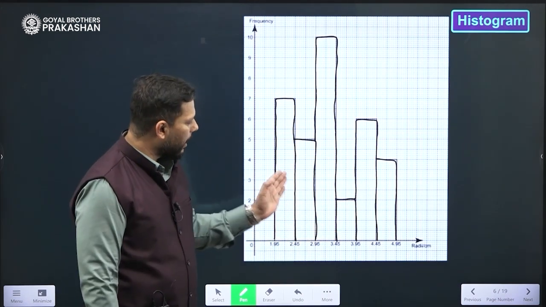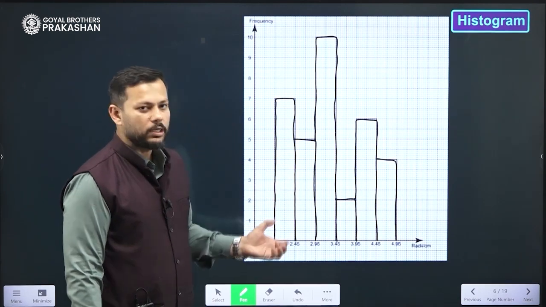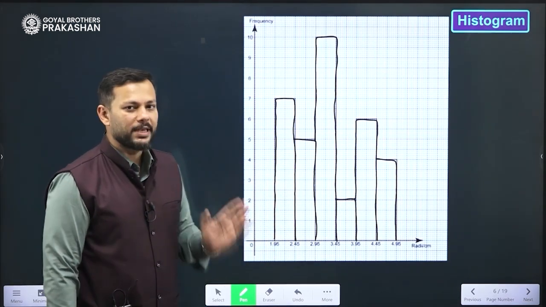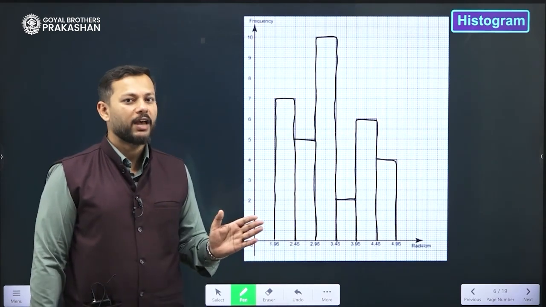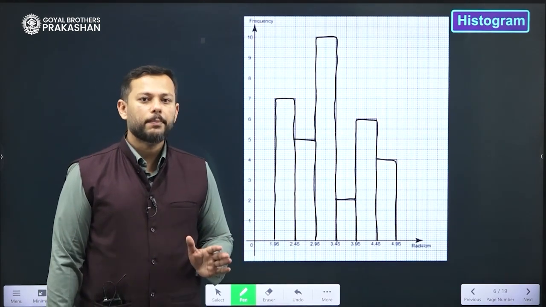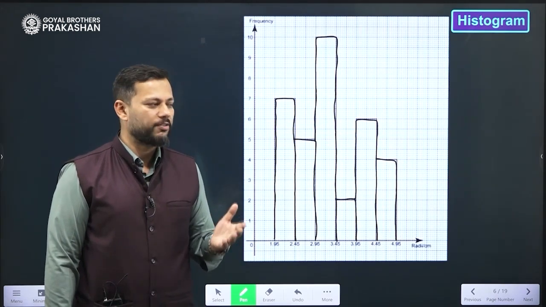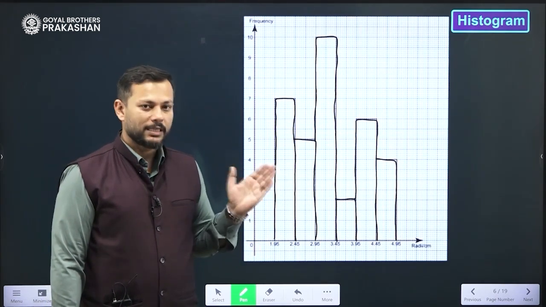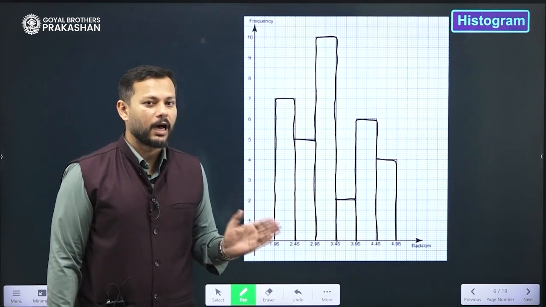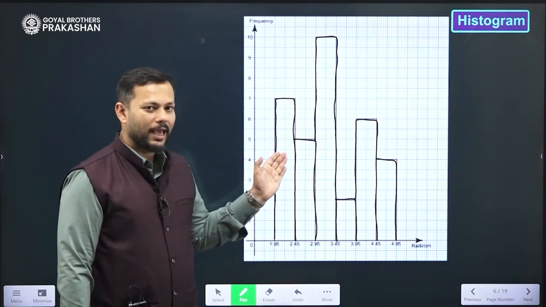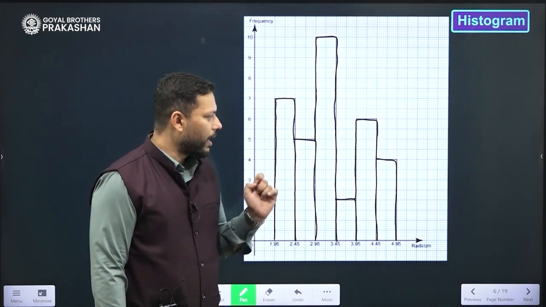The bars are close to each other, they are joined with each other. So that is the major and basic difference between a bar graph and a histogram. Histogram is also a way of representation of data, similar to bar graph, but it doesn't have any gap between two consecutive bars.